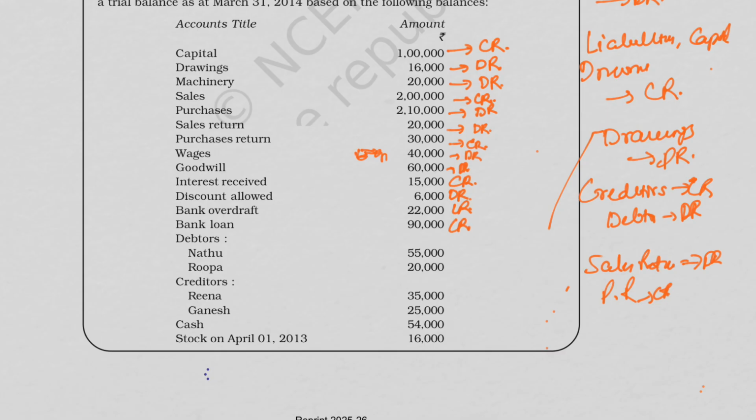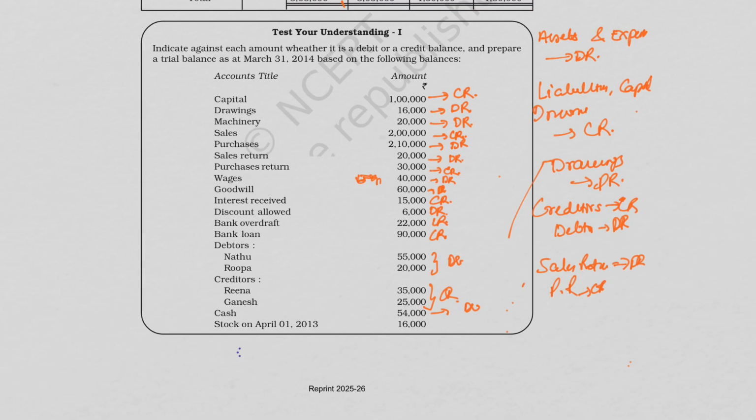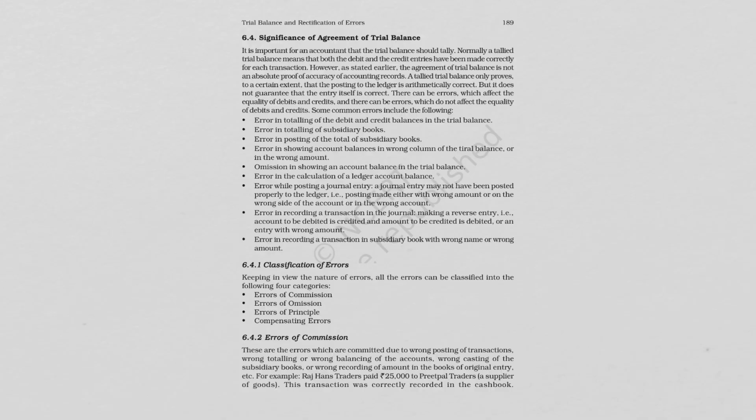Debtors, we know it's an asset, so debit. Creditors, credit. Cash is an asset, debit. And stock is an asset, so debit. Then next we have cash, stock also debit.